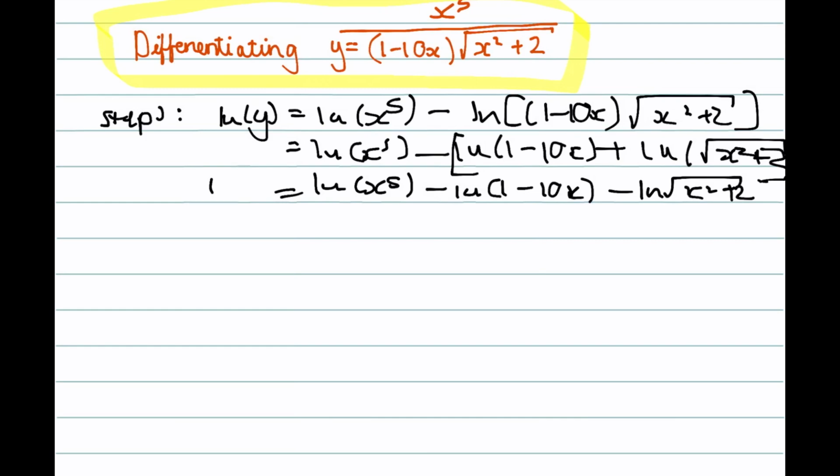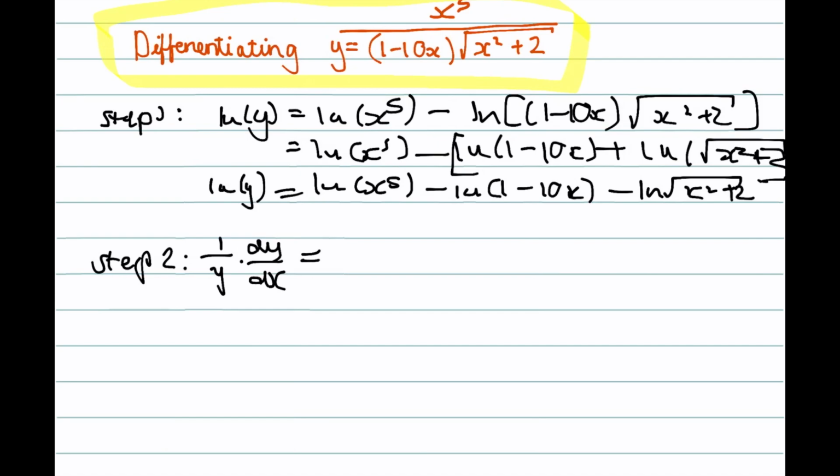Okay, now let's differentiate. So step 2 is to differentiate both sides. If we differentiate the left-hand side, we're going to get 1 over y times dy dx using the chain rule.